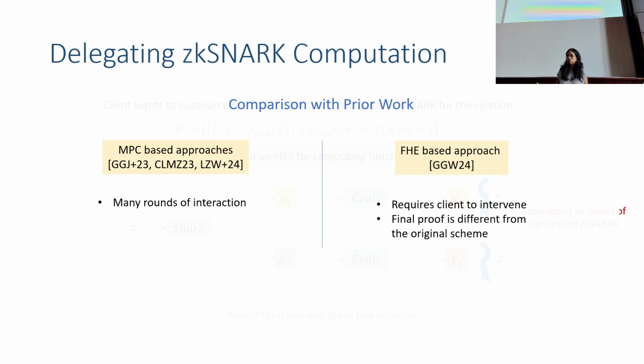Moreover, in the known construction that's based on FHE, the final proof that the server generates is slightly different from the original zero-knowledge SNARK scheme that the client initially wanted to delegate. Whereas in our setting, as we've just seen, the final proof that's generated is in fact the exact same zero-knowledge SNARK that the client wanted the servers to generate in the first place.